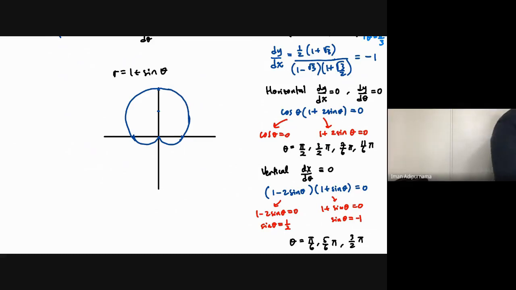Yeah, at least like that. And this will be the horizontal, this will be the vertical, vertical, horizontal, horizontal.